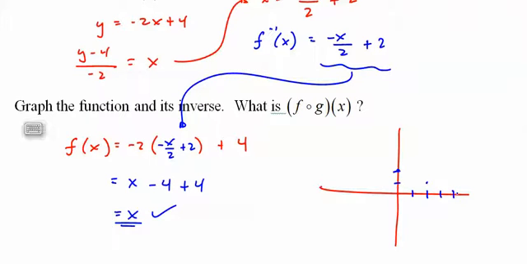So here's your inverse function. Here's your original function, negative 2x plus 4: 1, 2, 3, 4, down 2 over 1, down 2 over 1.